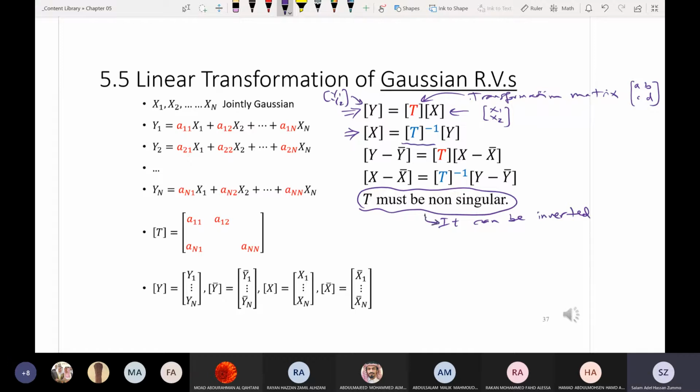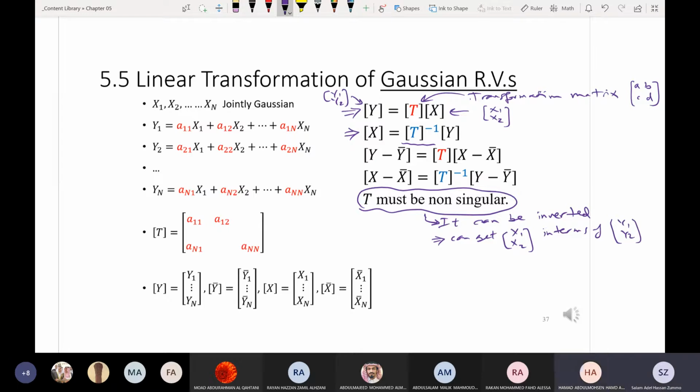This means non-singular, full rank in matrix theory. Yes, I can invert the matrix such that I can get x1, x2 in terms of y1, y2. This is what inverted means. Okay?